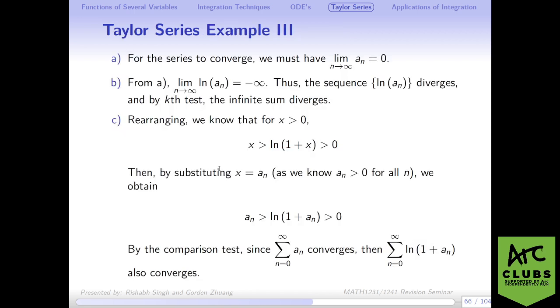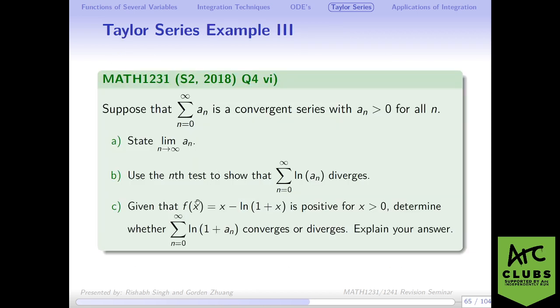So going back to part C, we're given that this function is positive for x greater than 0, and asked to determine whether this sum of log of 1 plus a_n converges or diverges. When they state that this function is positive, this is a hint that we can use the condition for the comparison test.